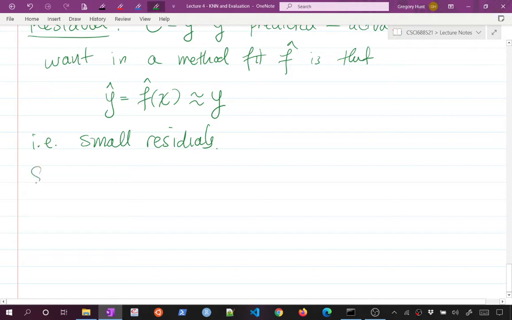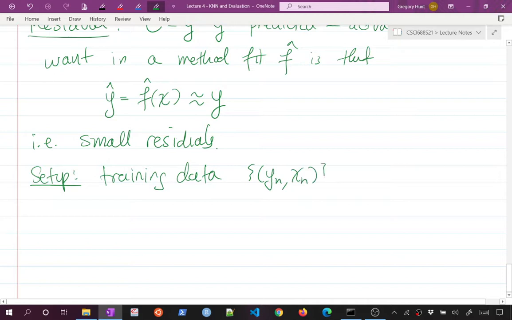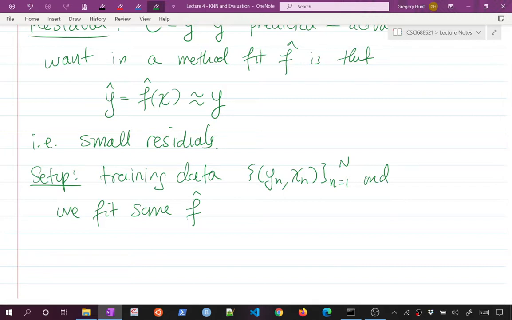So our setup, of course, is that we have our training data, our y_n's and x_n's, and we fit some f hat using our training data, using some approach, maybe regression, maybe KNN regression, and we want to evaluate if this f hat is good.